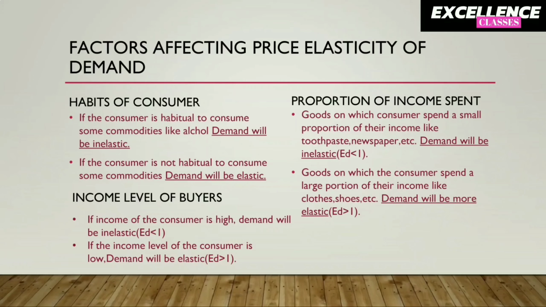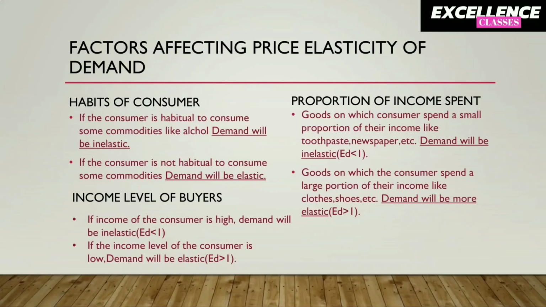For example, if a rich consumer wants to purchase a commodity, he will purchase it no matter what the price is. On the other hand, if the income level of the consumer is low, demand will be elastic. For example, a consumer with a low level of income will wait for the price to decrease to purchase a commodity.